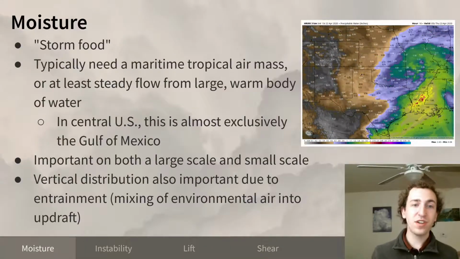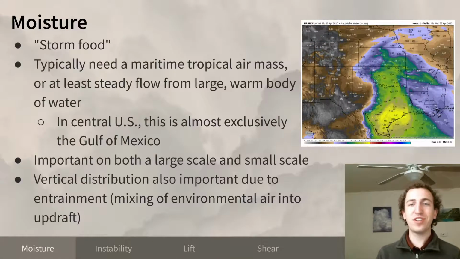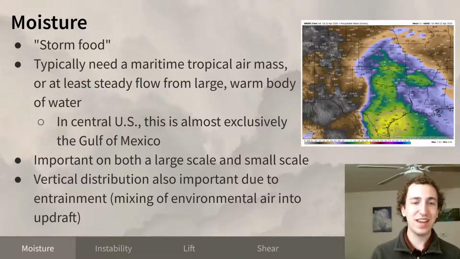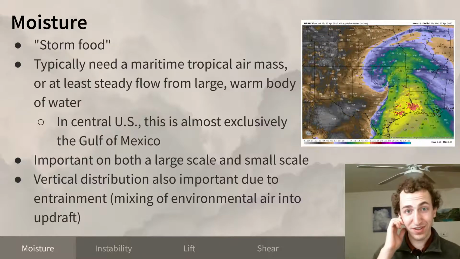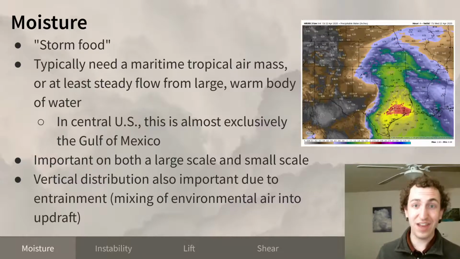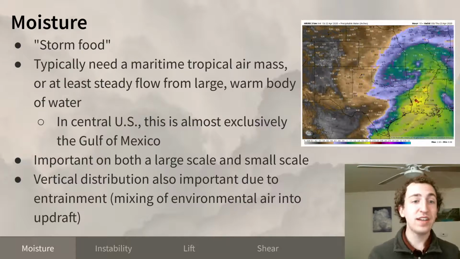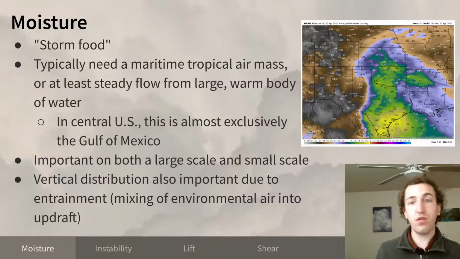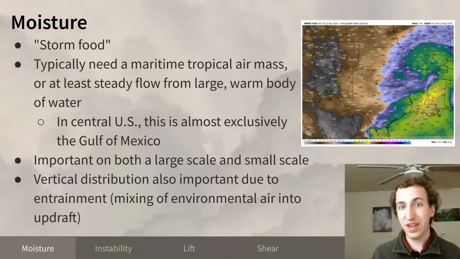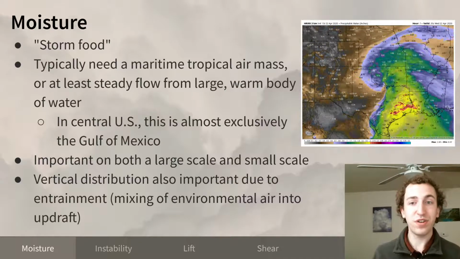So moisture. You can sort of think of moisture as the food for storms. It's the main thing that they need in order to happen because they're clouds, they're convection. It's moist convection, so you need to have moisture. And typically this moisture comes in the form of a maritime tropical air mass. You need moist air near the surface.